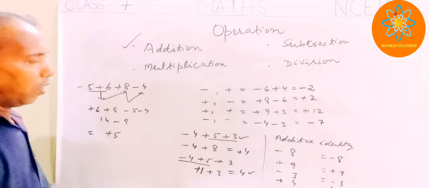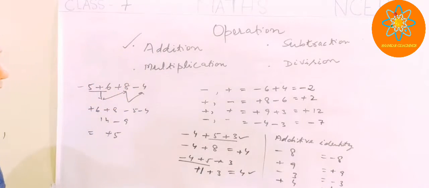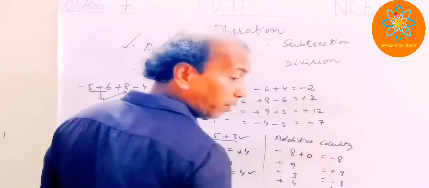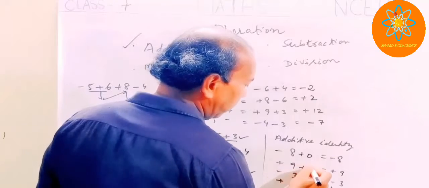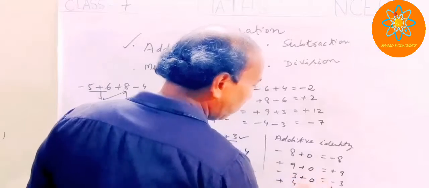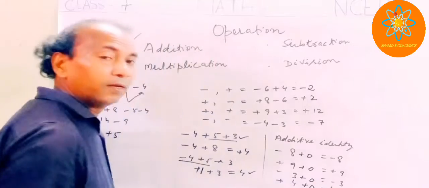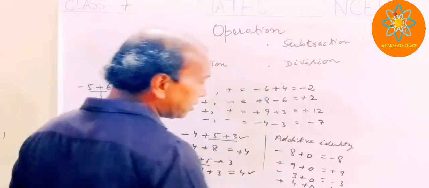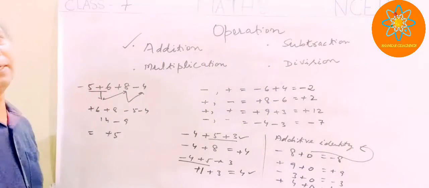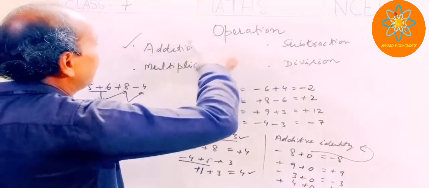Similarly, here also +0 gives the same value. So this 0 is called the additive identity. This is all about the operation of addition of integers.